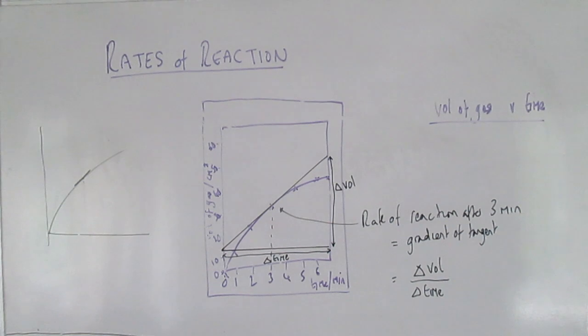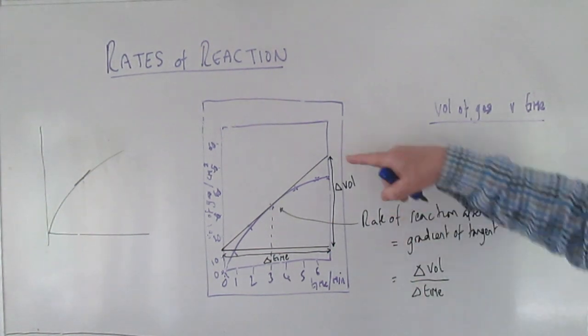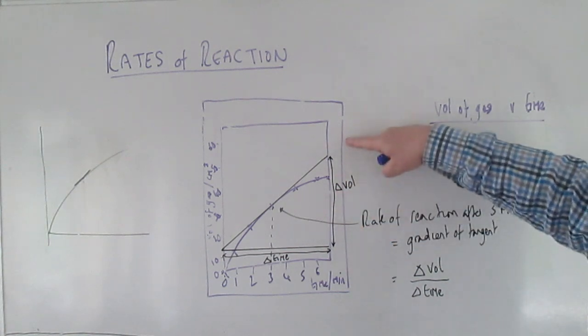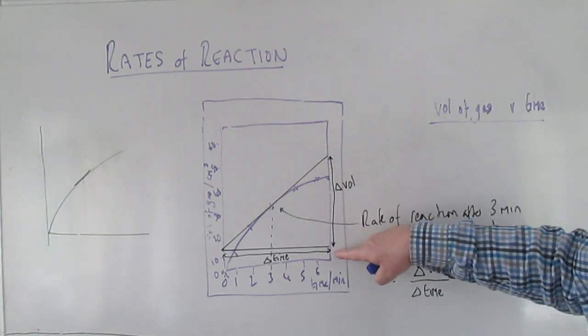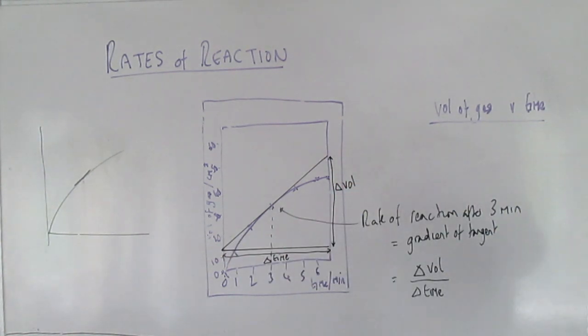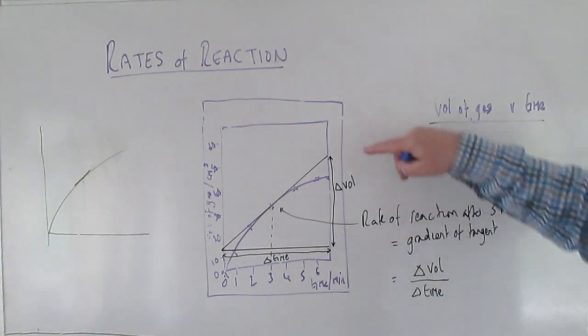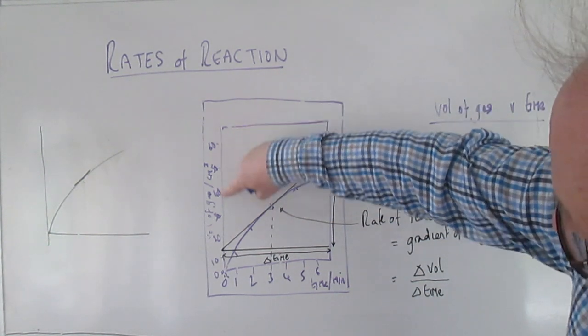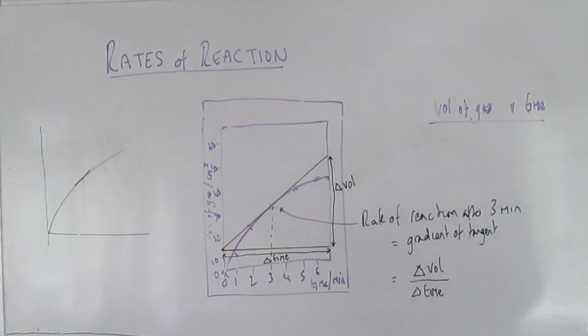So you need to practice drawing tangents, and you need to remember how to calculate the gradient. It's the vertical change, which in this case is change in volume, divided by the horizontal change, which is change in time. So in this case, that might be something like, I don't know, say 52 minus 14. And the thing to do is write down the raw numbers, because it minimises your chance of error if you do that.